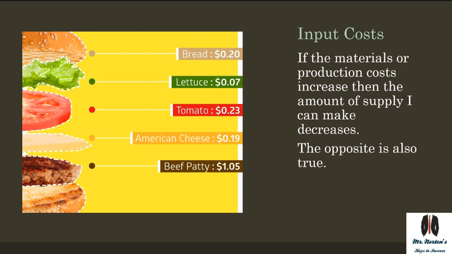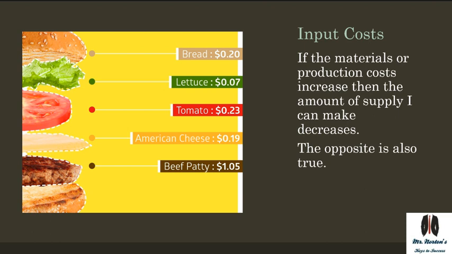With $100, I can make 57 hamburgers. So that's what I've got. Now let's say that just the hamburger patty goes up by 20 cents. If you have a 20-cent increase in just the beef, I can't make 57 hamburgers anymore. My supply goes down to 51. So as you can see, an increase in input cost means that I can't make as much. In this case, I go from 57 to 51.